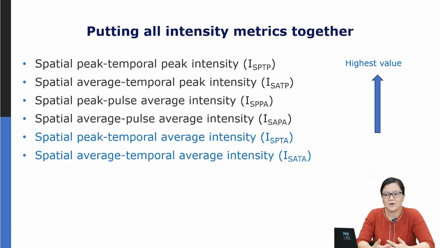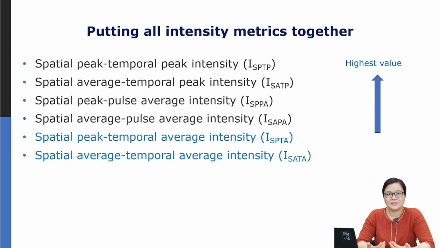So here's a summary of all the intensity metrics that we have discussed. We can combine both the spatial and the temporal intensities together, and you can get intensities such as the spatial peak, temporal peak intensity. You can have the spatial average, temporal peak intensity, or ISATP. You can have the spatial peak, pulse average intensity, ISPPA. The spatial average, pulse average intensity, or ISAPA.